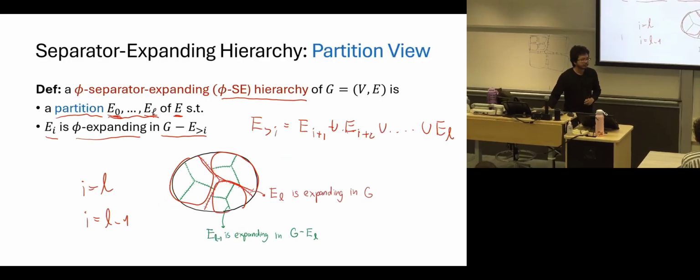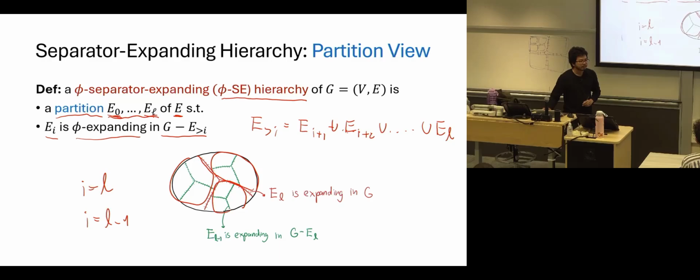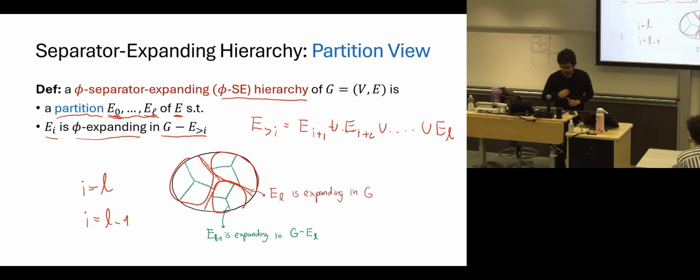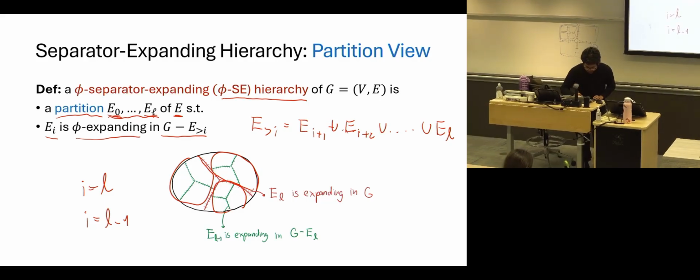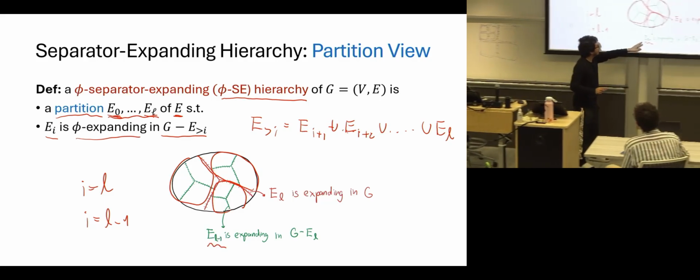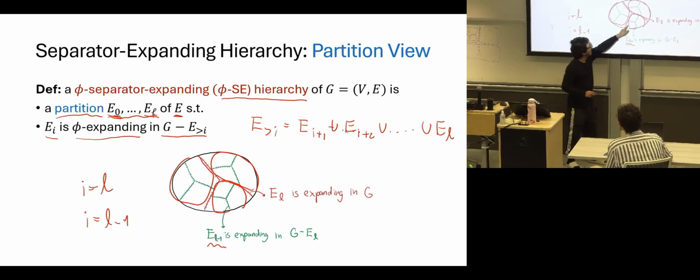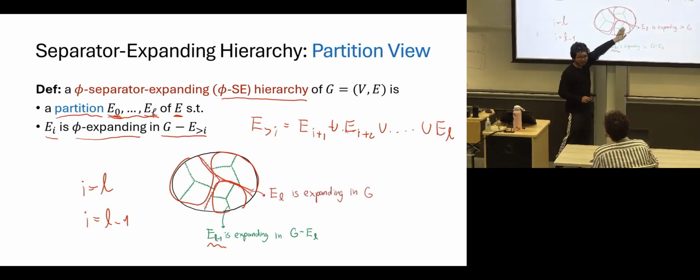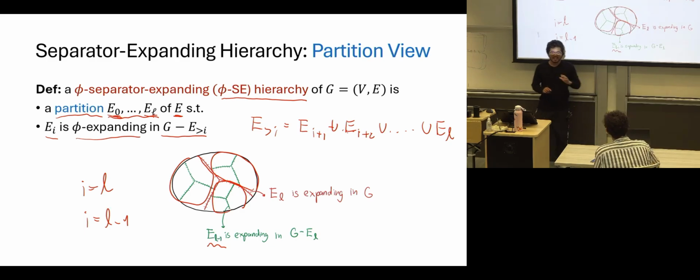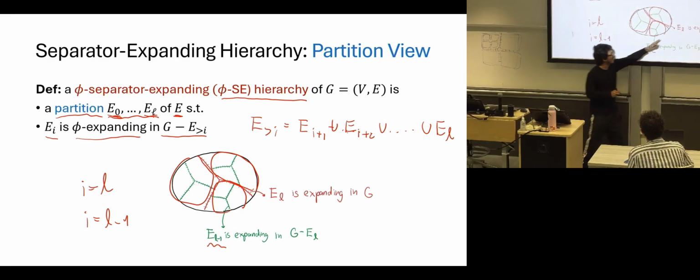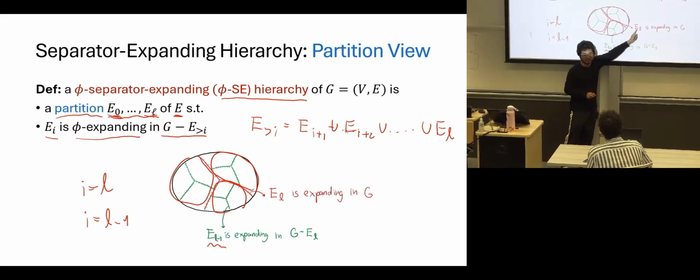Also, each level is not the component, it's a collection of those components that we kept breaking. So for example, would level L minus 1 be the three components that were originally broken into? This set EL minus 1, you should think of it as the separator in this level. Each edge here is a separator of that level.